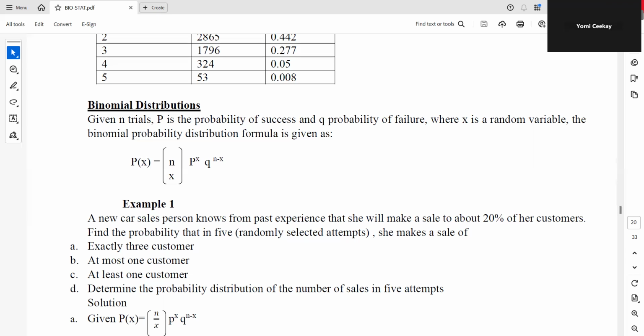Find the probability in 5 randomly selected attempts that she makes a sale to exactly 3 customers, at most 1 customer, exactly 1. Then determine the probability distribution of the number of sales.